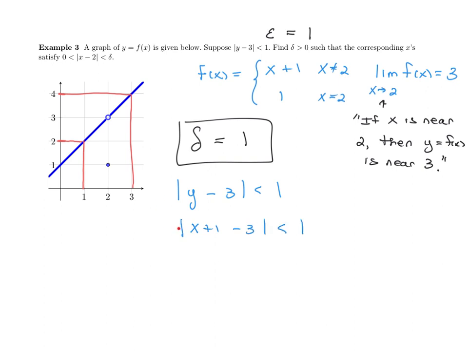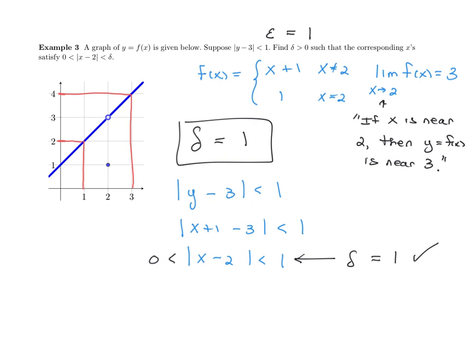So these two statements are equivalent because y and x plus 1 are the same thing. Now, when you subtract and you do x plus 1 minus 3, you get the absolute value of x minus 2 is less than 1. And in just these 3 steps, we went from our assumption to something that looks exactly like the answer over here with delta. And delta is the number that's sitting right here. So here's a way to find delta not using a graph, by actually using some equations. Now, you do have to include this condition of greater than 0, but this still tells you that delta is equal to 1.